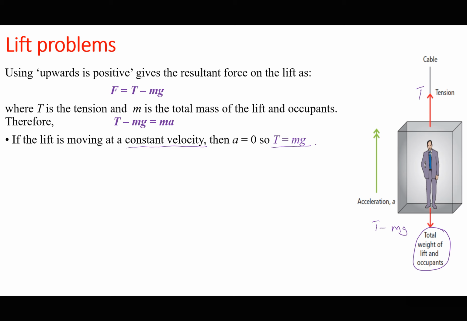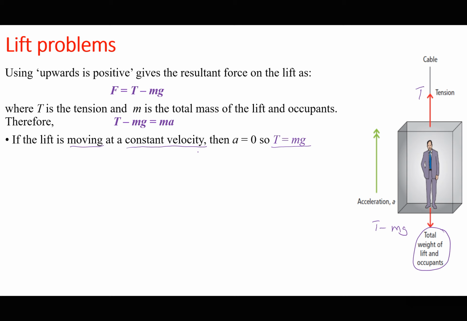If it wasn't moving, and T equals mg, it will not actually leave its position. But if it was moving and then the resultant force becomes zero, or it moves at a constant velocity, then the tension is equal to mg.